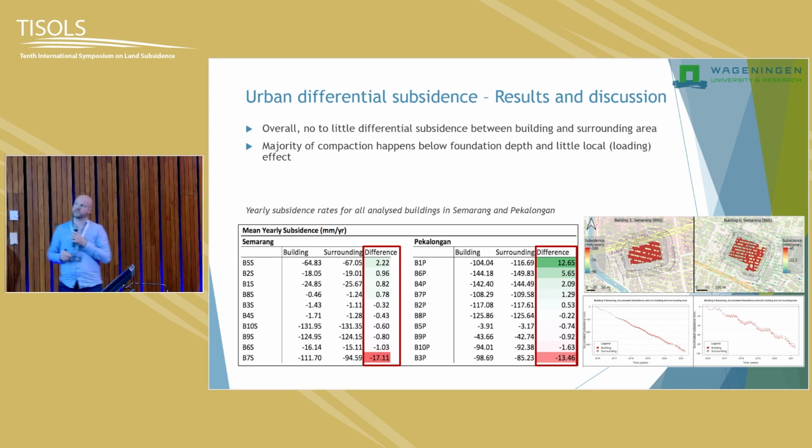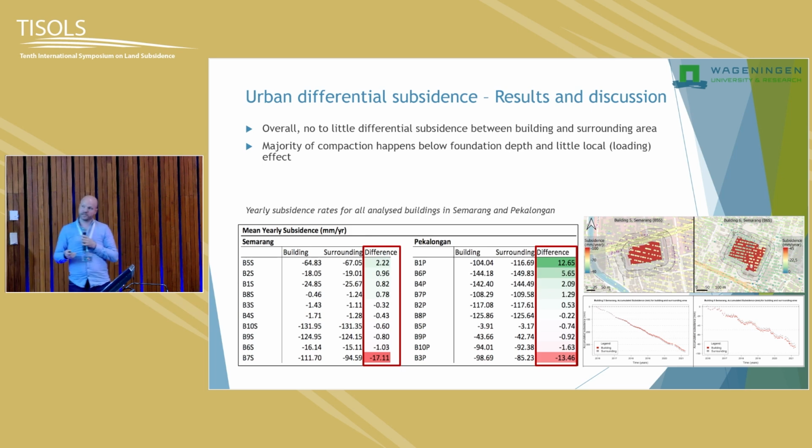But actually what he found is that most of the buildings didn't show much difference with the surroundings, so the streets around them. So it gave us the information that the majority of this land subsidence actually happens deeper than the shallow part of the foundations, which is opposite to many of the other cases that we see.